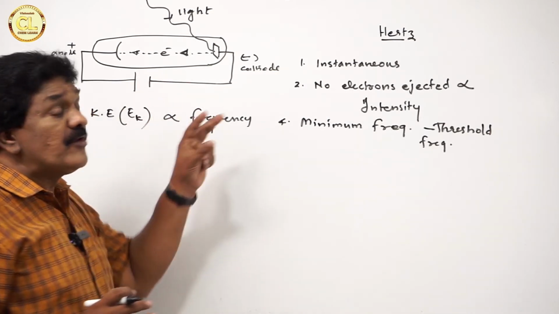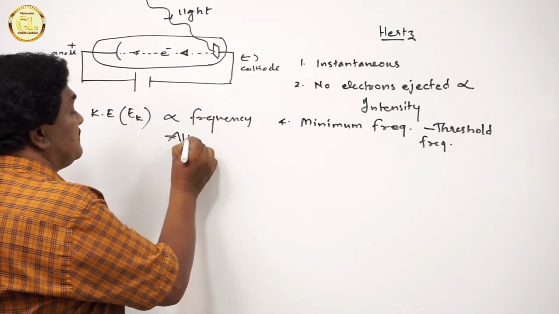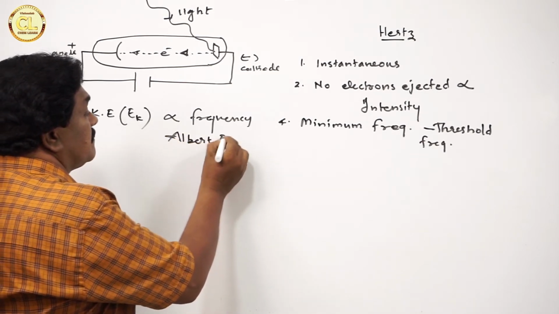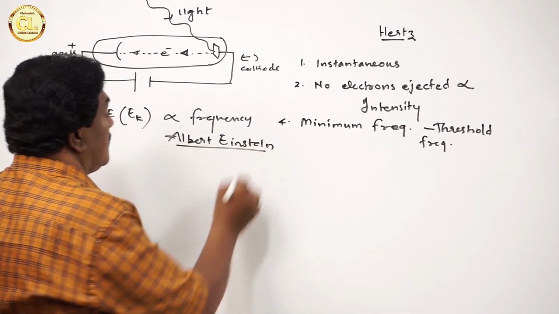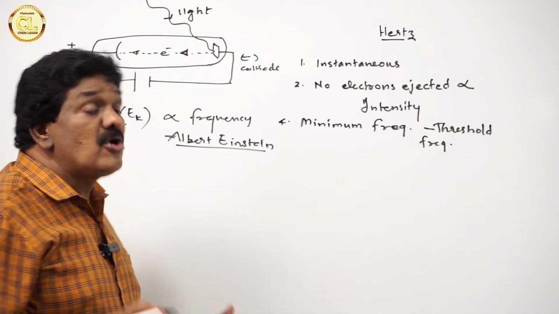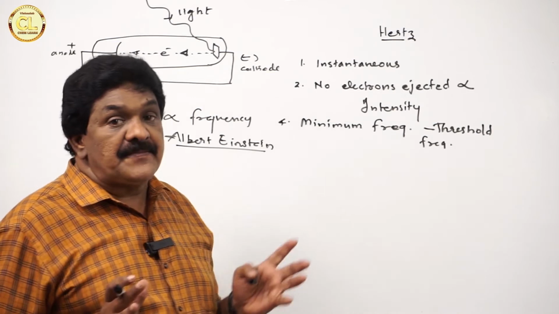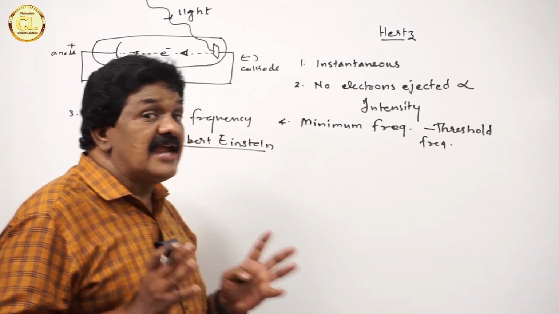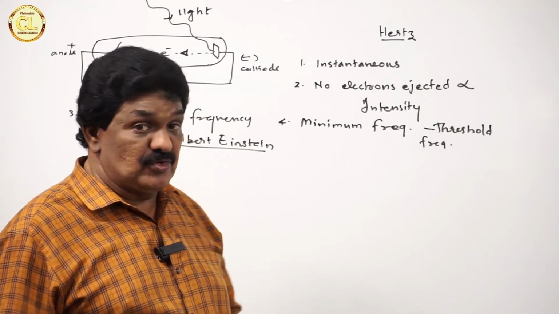The phenomenon photoelectric effect was explained by Albert Einstein, based on quantum theory. According to quantum theory, falling light contains a large number of discrete packets of energy called photons.